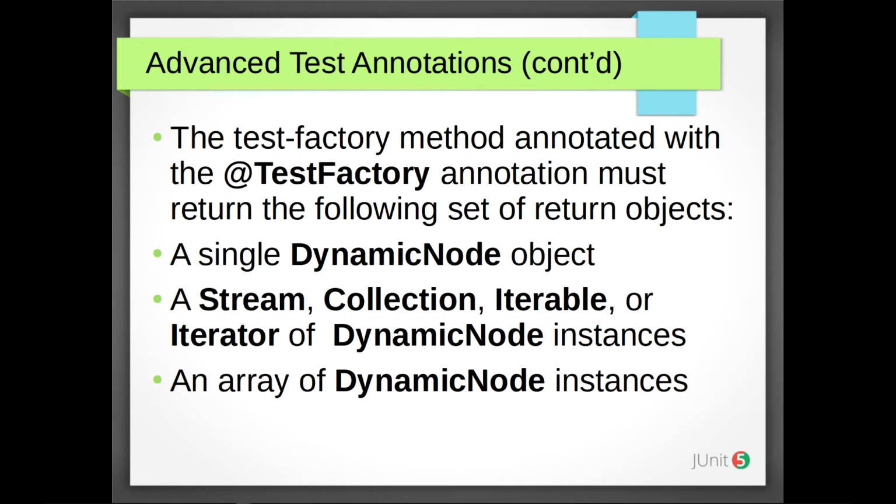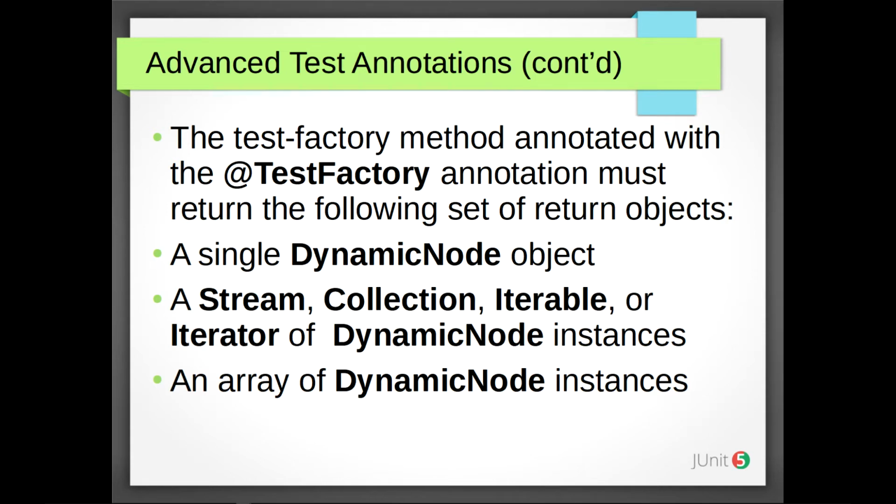The test factory method annotated with the @TestFactory annotation must return the following set of return objects: a single DynamicNode object, a Stream, Collection, Iterable or Iterator of DynamicNode instances, or an array of DynamicNode instances.